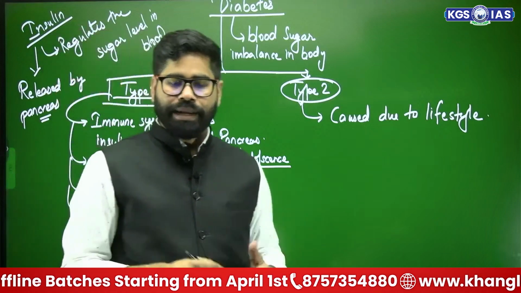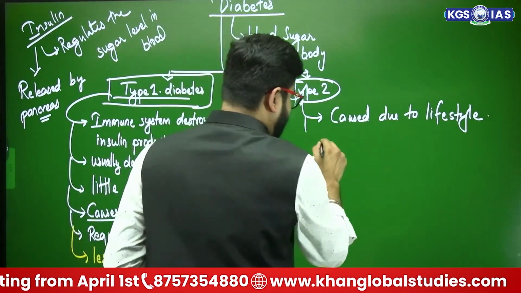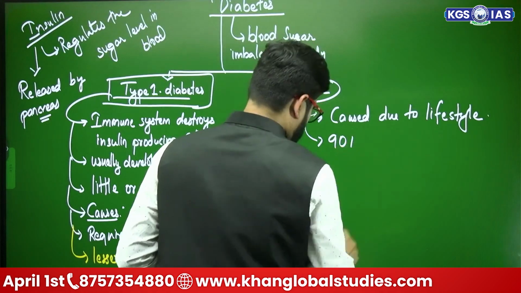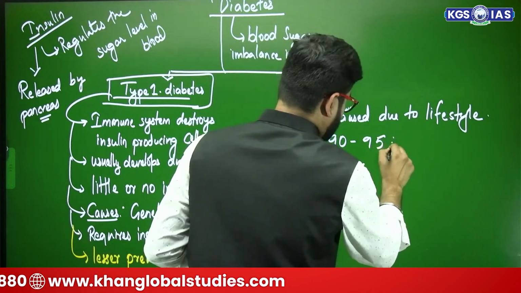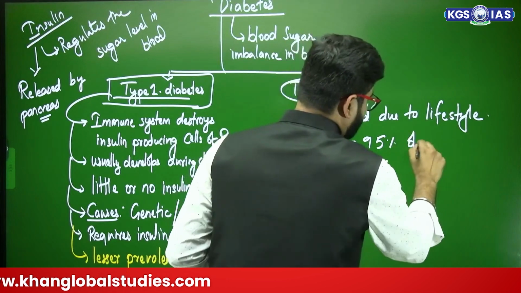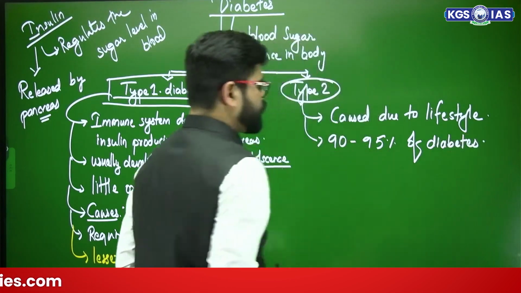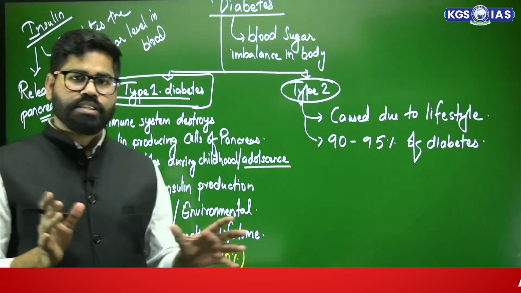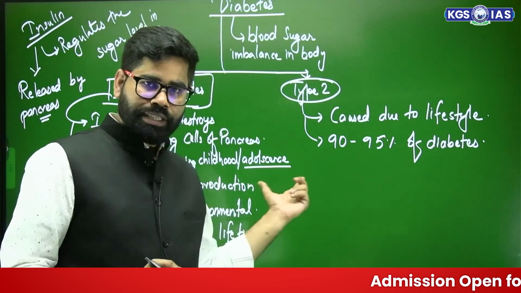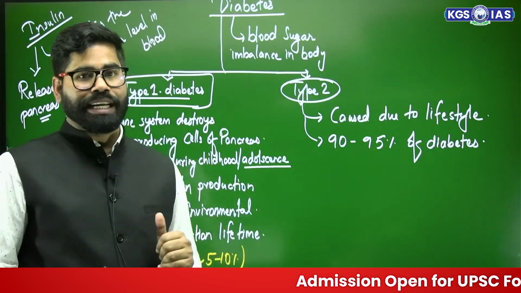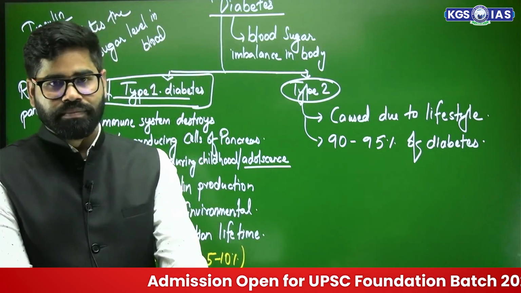Type 2 diabetes is the most common, around 90 to 95% of diabetes. Out of type 1 and type 2, this is 90 to 95% prevalent. It is a lifestyle related disease.